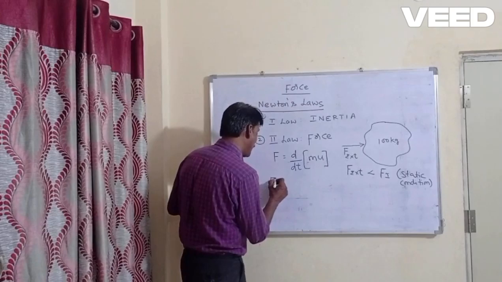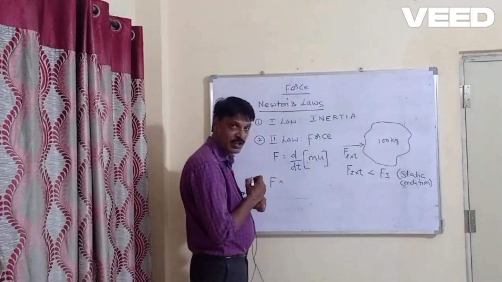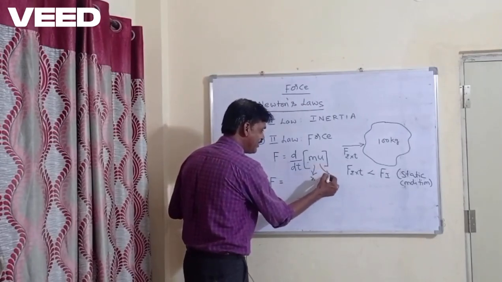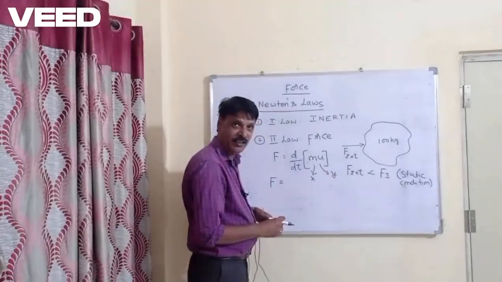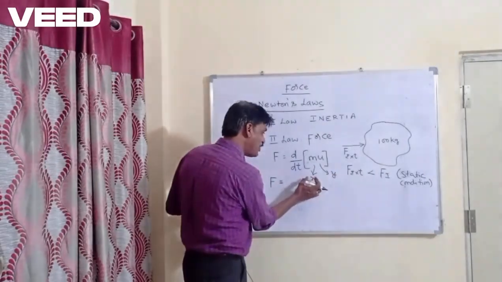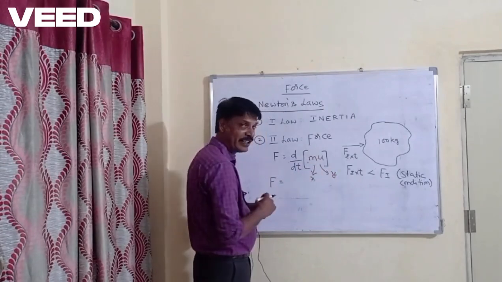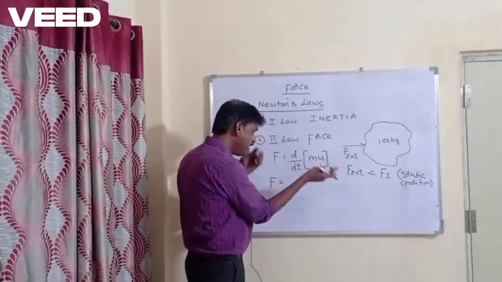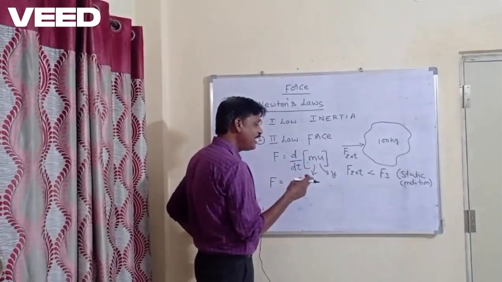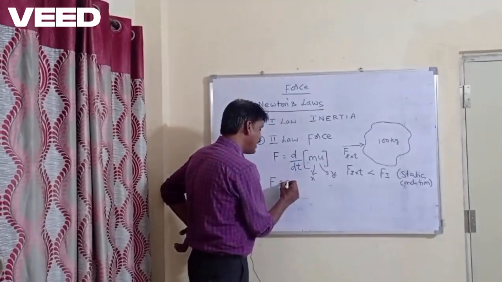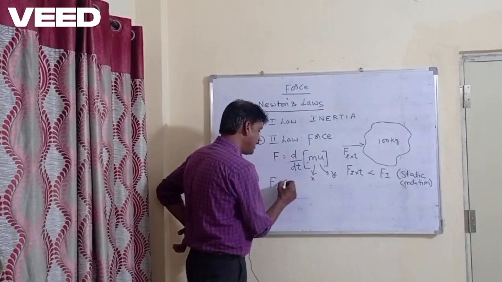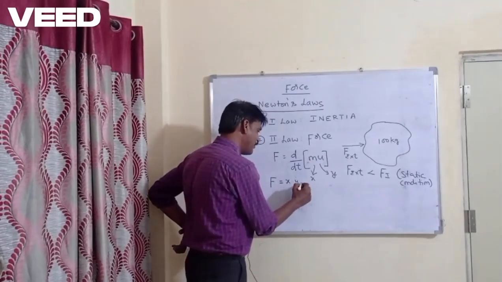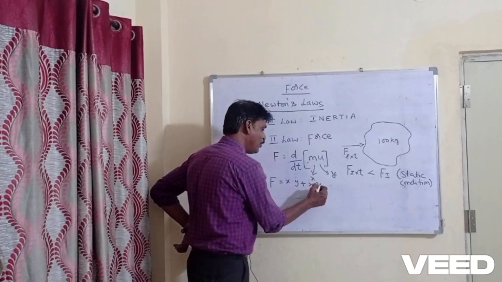So if you try to write this particular force, if this is some x and this is y, then in the product rule, first you keep the first as is, differentiate the second, plus you keep the second function as is, differentiate the first one. So you will write it as x into y dot, where y dot is the differential, plus x dot into y.